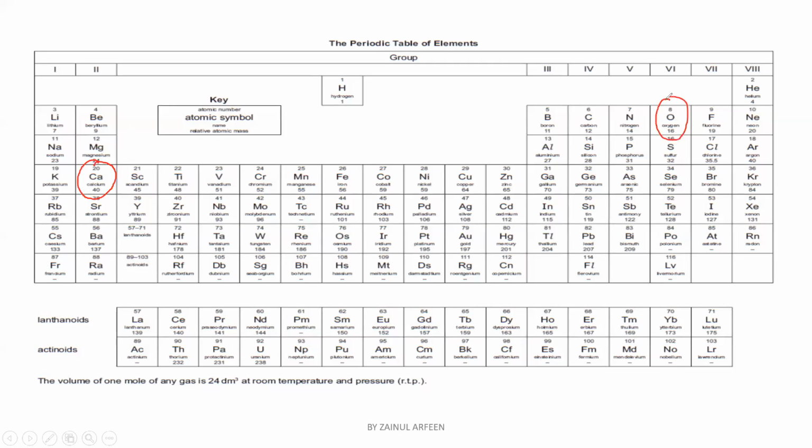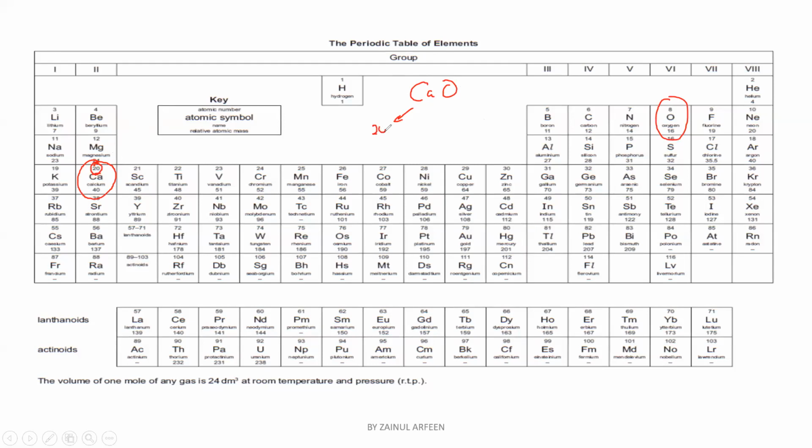and oxygen. Calcium and oxygen react with each other to form a compound which we call calcium oxide. The number in calcium represents the proton number, and for an atom the proton number and the electron number are the same. So this 20 represents the number of electrons in calcium.